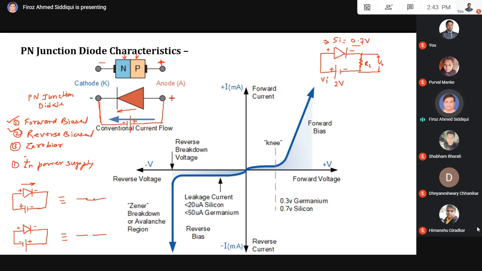What is the voltage across RL? The voltage across RL will be the 2 volt, that is the supply voltage, minus the voltage drop across the diode, that is 0.7 volt. Then you will get 1.3 volt across the load resistor RL.